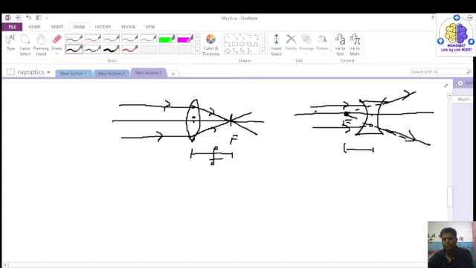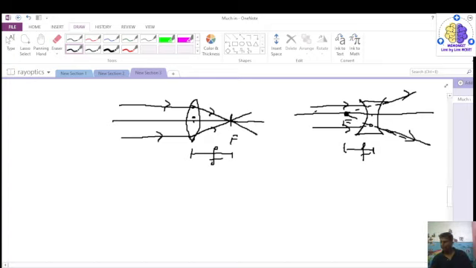The distance between the focus and the optical center will be known as the focal length. So we have seen the principal focus and focal length as well.